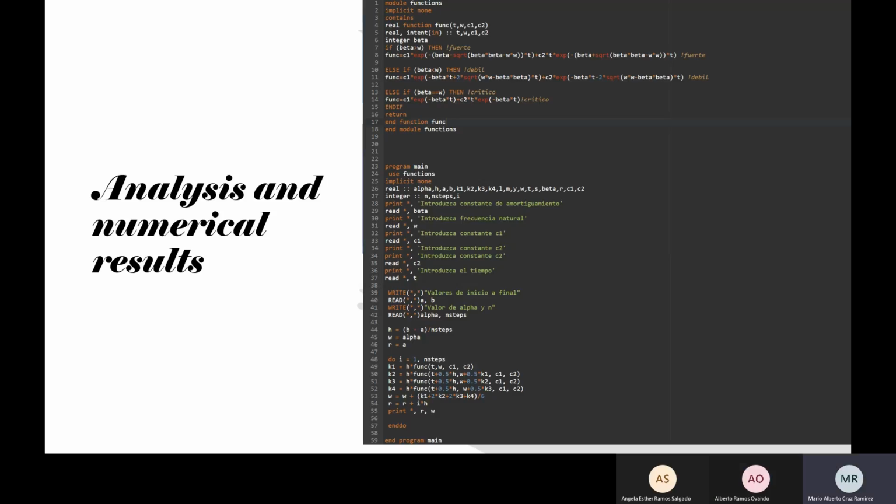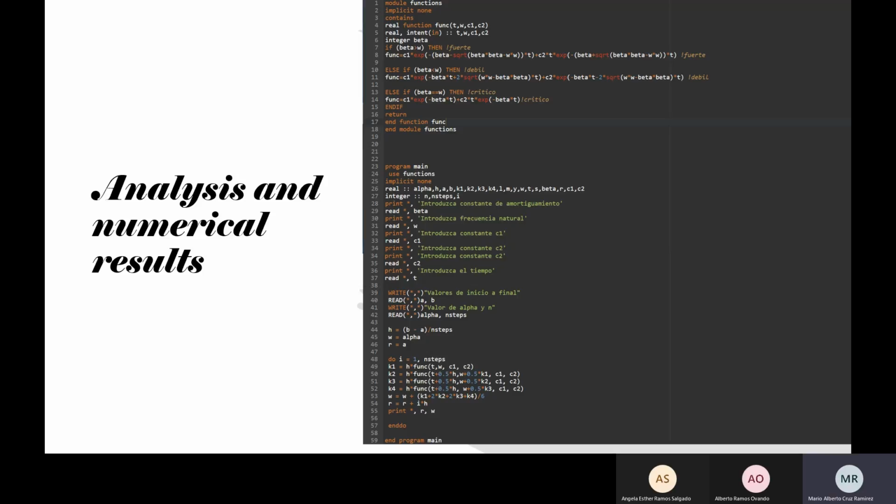Analysis and numerical results. Now we see the coding for the program for the 3 types of classical oscillation: overdamped, underdamped, and critically damped oscillation. First, we integrate the functions we need, in this case the 3 functions for the damped oscillation. Next, we put in the constants we need in the equations for the damped oscillation and the Runge-Kutta method.